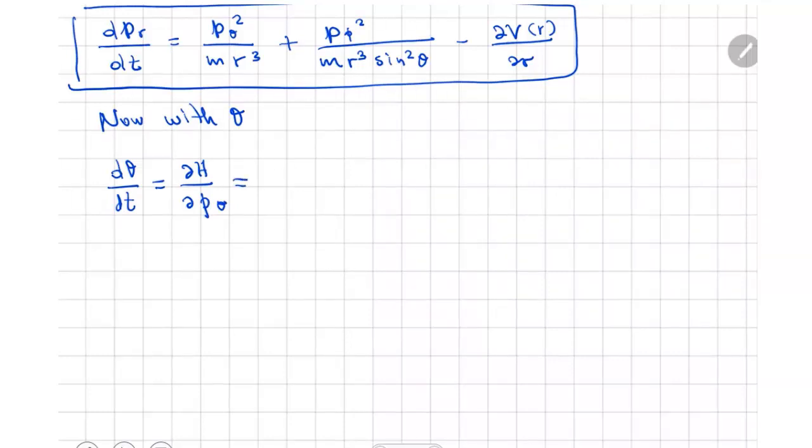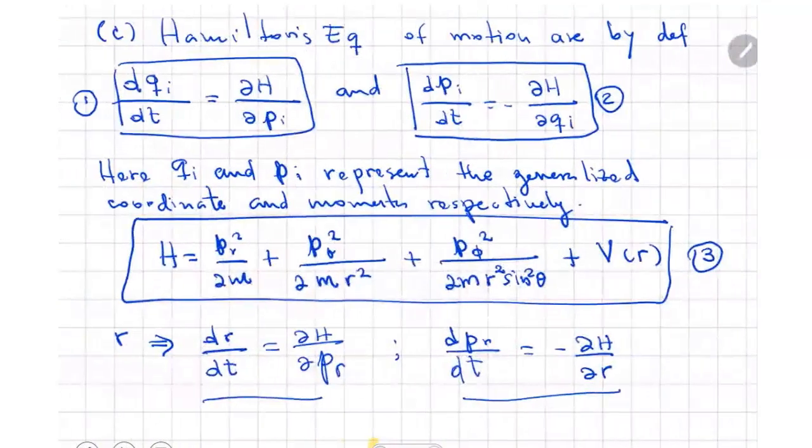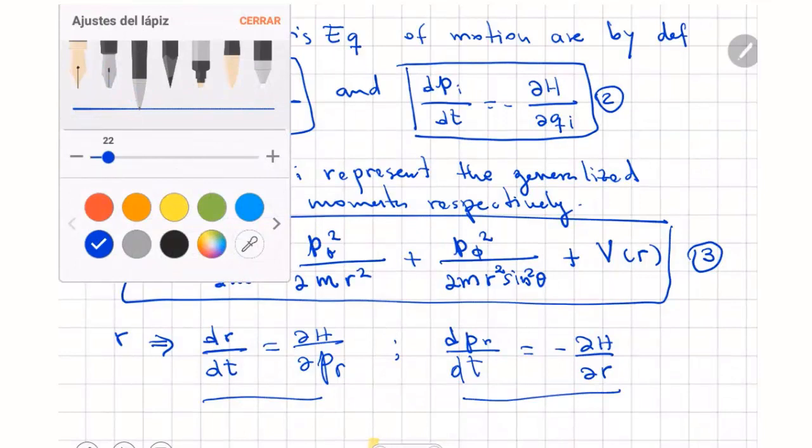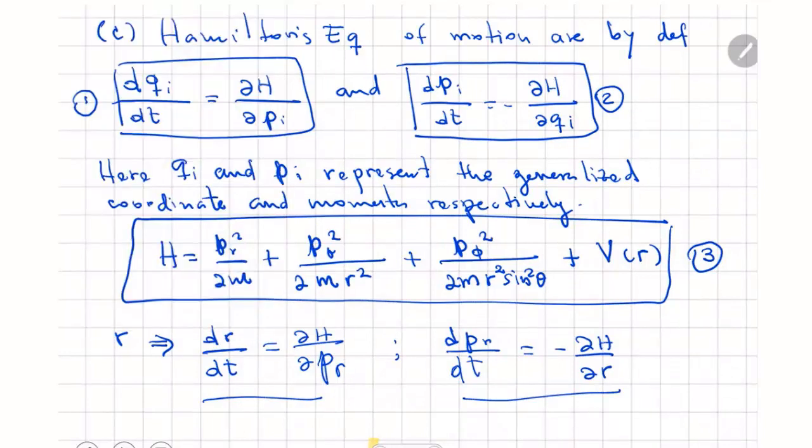If we go to the Hamiltonian, we know that the only term depending on p_theta is this one.